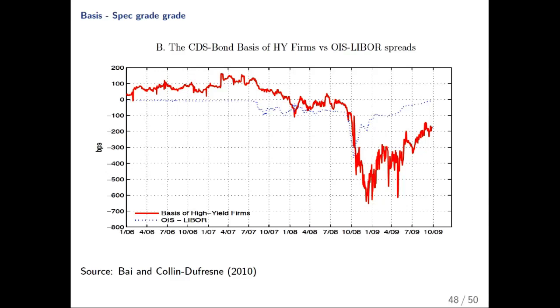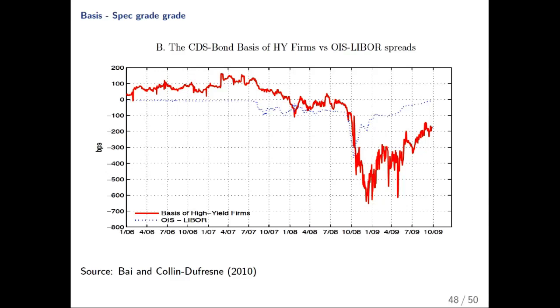One of the reasons is that buying a CDS is not exactly like shorting a bond, because you have counterparty risk. Counterparty risk is the credit risk that your counterparty simply reneges on their deal.